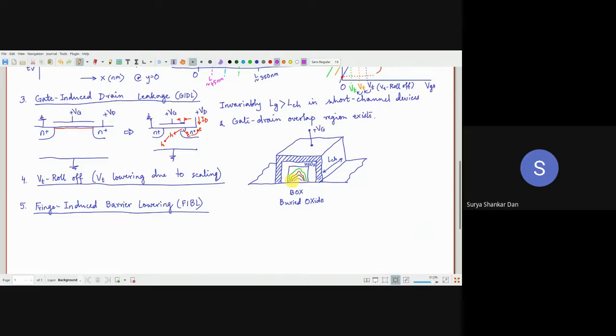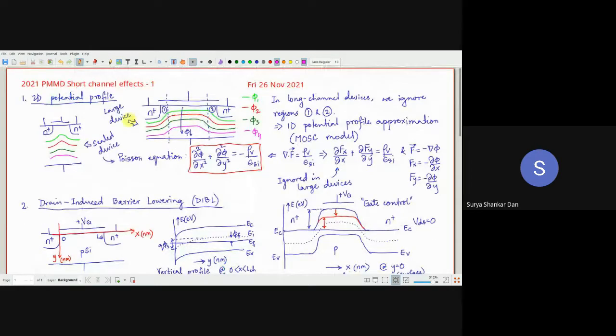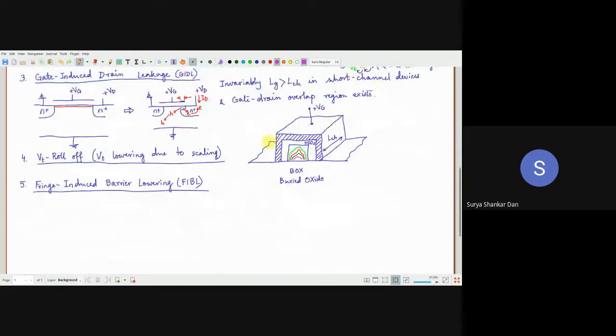Notice that in the 2D potential profile, it was essentially coming down like that. Because of these fringes, because of these protrusions, this increase in the corners, these fringes will reduce the barrier on these corner ends. So this FIBL is present only in 3D device structures.